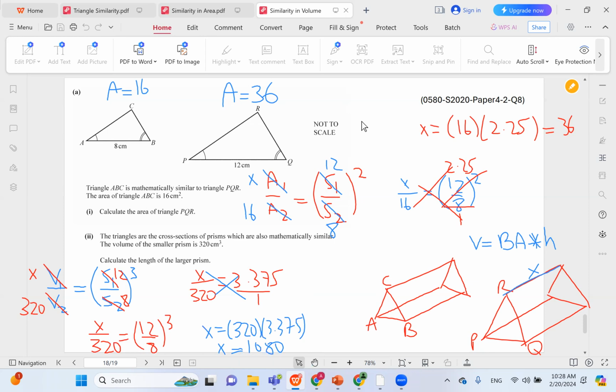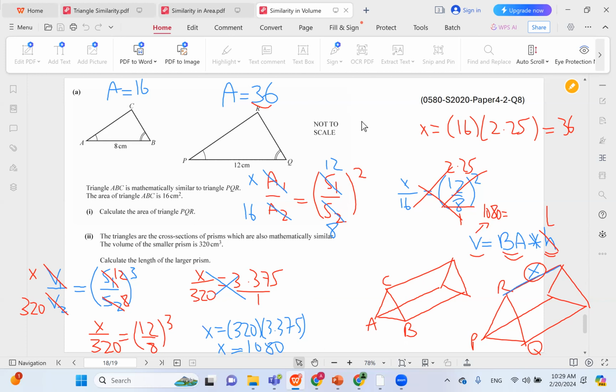Now that we have the volume of the large prism, we substitute it into the equation. The equation is volume equals base area multiplied by height. The height is the length, which is what we're looking for here. Let's call it L, for example. The volume is what we just calculated, 1080, and this is equal to the larger area, which is 36, multiplied by the length.